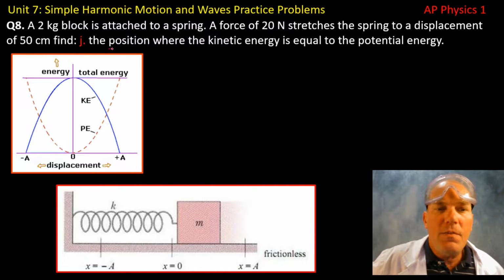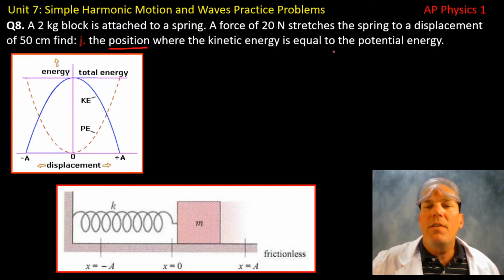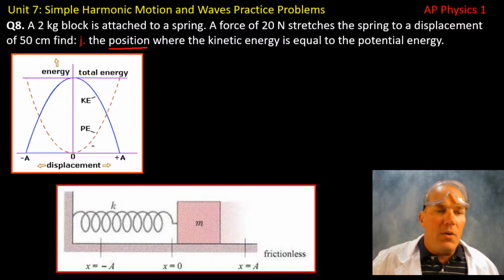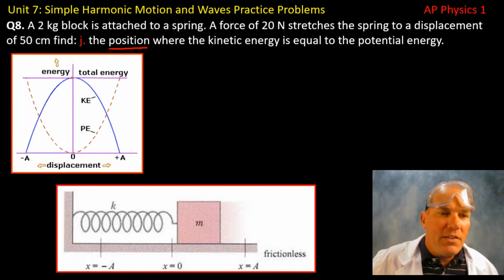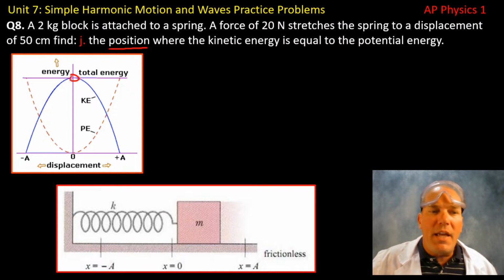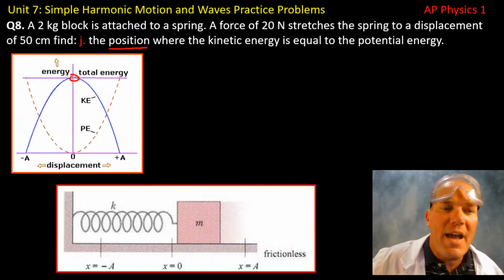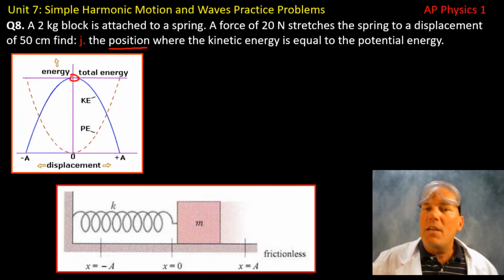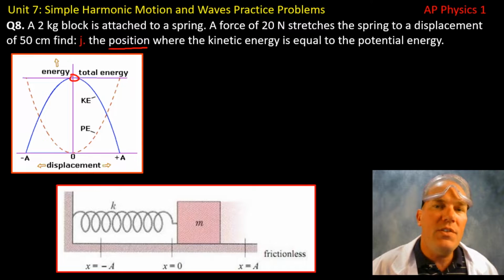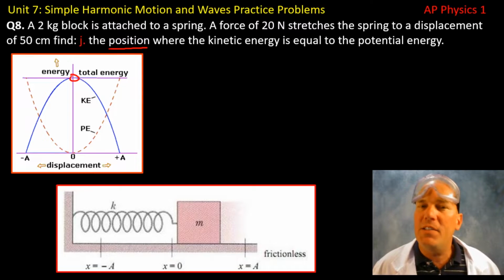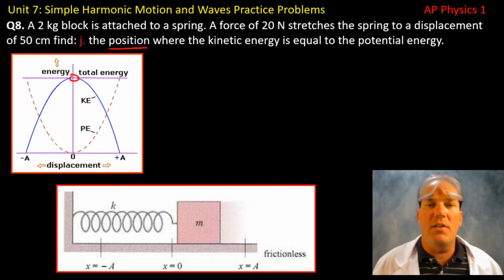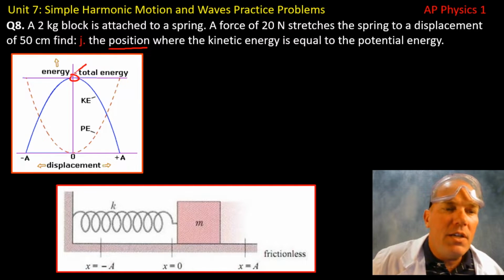So we are looking for the position where these two are equal. This is really cool to look at. This is the maximum kinetic energy. 0 is equilibrium, x equals 0, and we've already been through that repeatedly to understand that's maximum kinetic. At that same location, we have 0 spring potential energy because it's all been converted into kinetic energy. Our maximum energy here is 5 joules for the system.